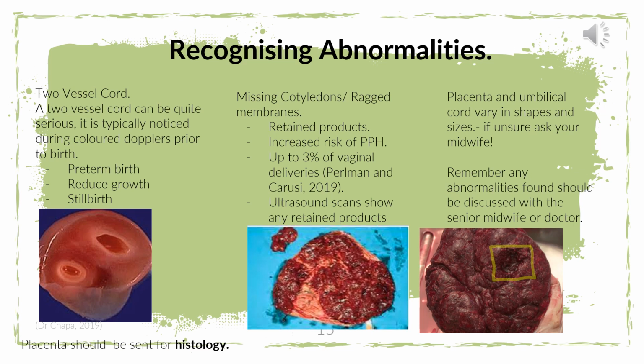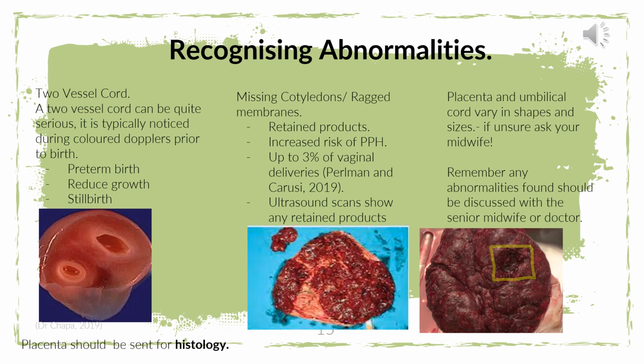Babies with 2 vessel cords are at risk of reduced growth, stillbirth, and preterm birth before 36 weeks of gestation. If you do notice this, it's important that you escalate to senior midwife and your clinician immediately, and then send this placenta for histology for further investigation.